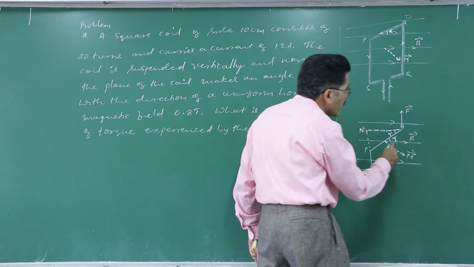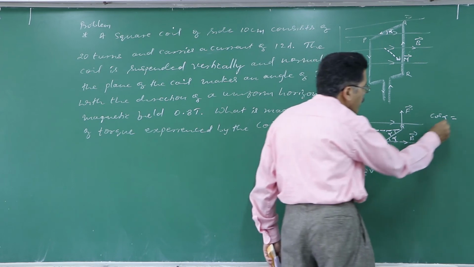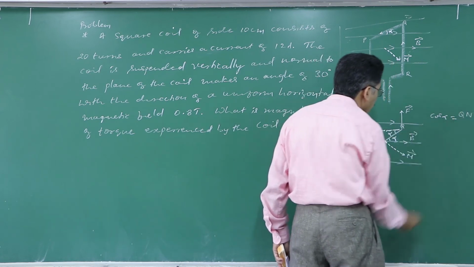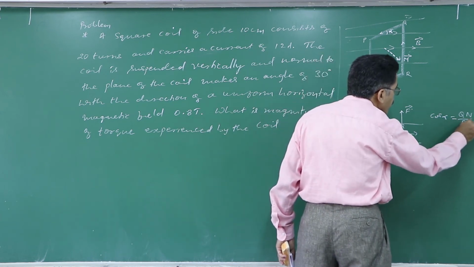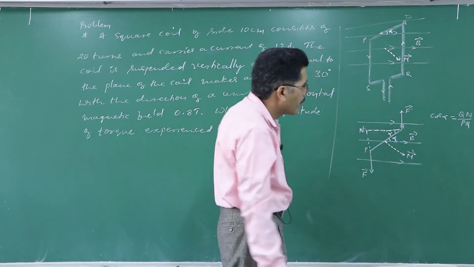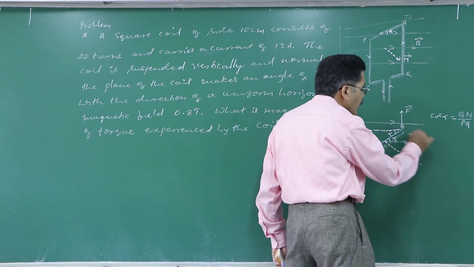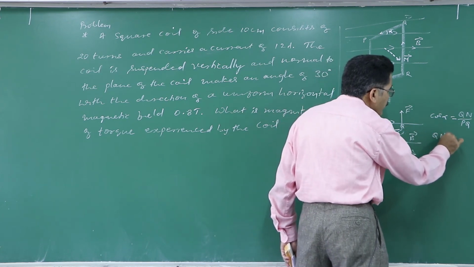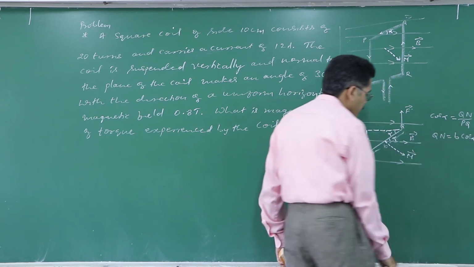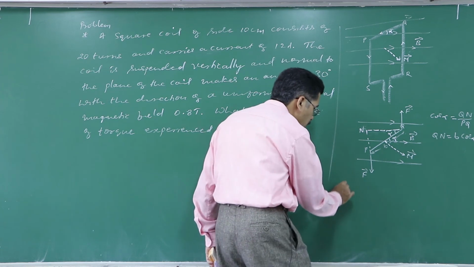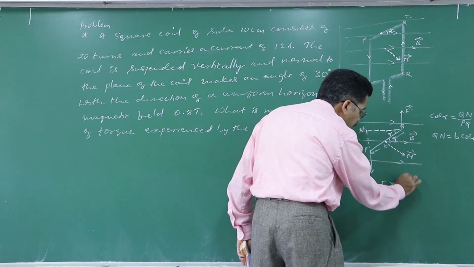See, what is cos alpha? Cos alpha is equal to the adjacent side QN divided by PQ. And you know that this is breadth b, the breadth of the coil. Therefore QN is equal to b cos alpha. See, what is torque? Torque is equal to force into perpendicular distance.